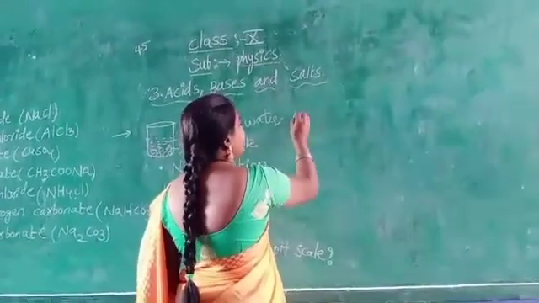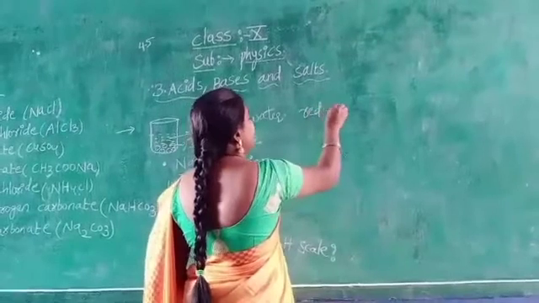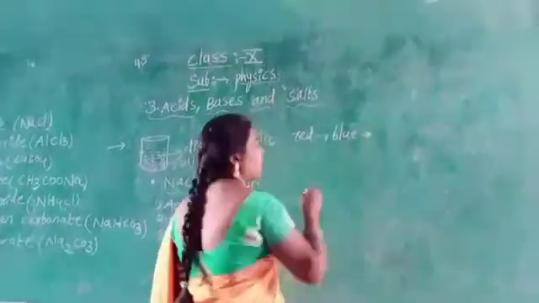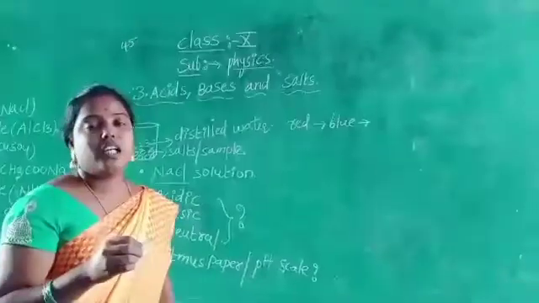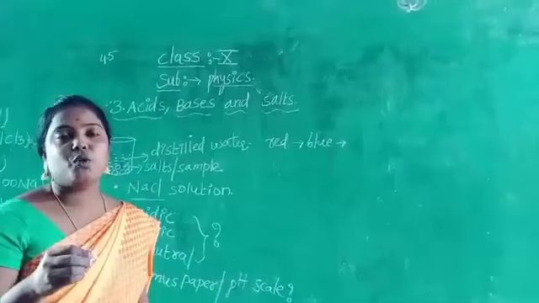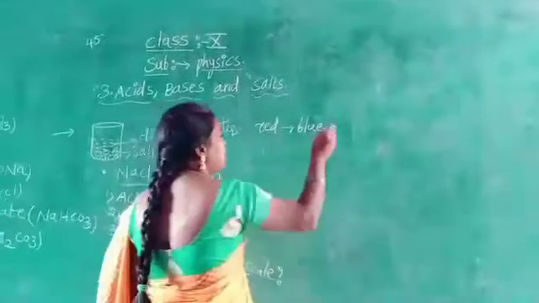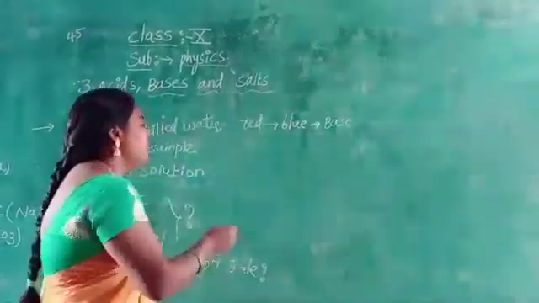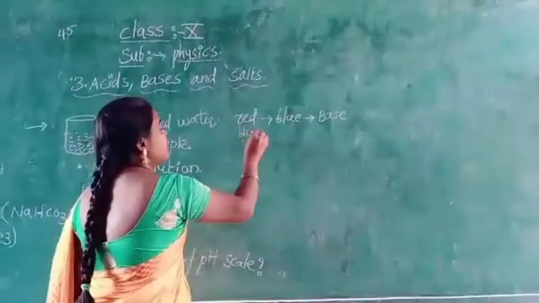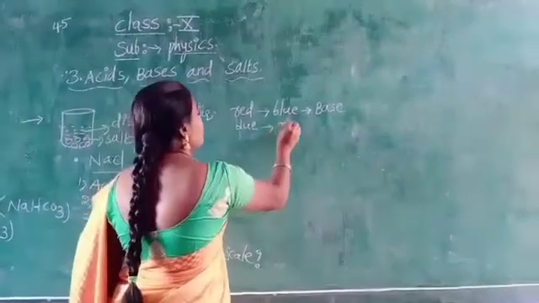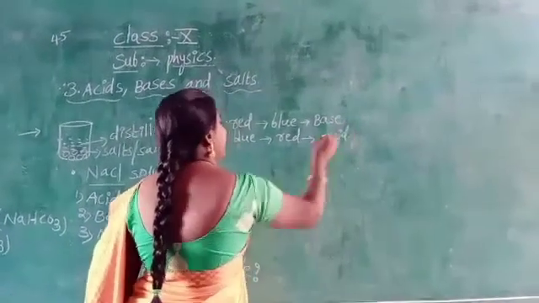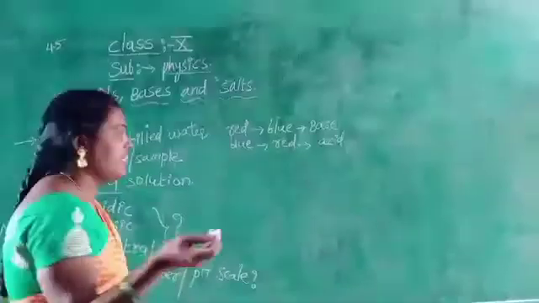We know that already. If red litmus paper turns blue in color, that is a base. Next, if blue litmus paper turns red in color, that is an acid.